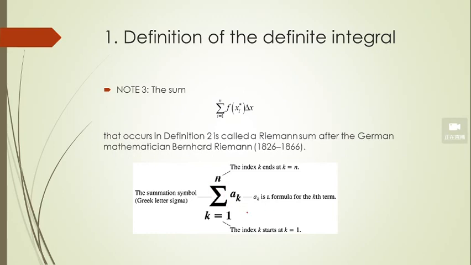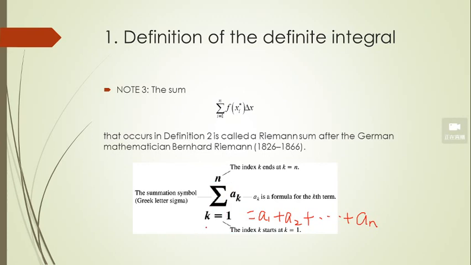Your k takes all the values from 1 to n: if n is 5, then k is 1, 2, 3, 4, 5. So that means a1 plus a2 plus a3 plus a4 plus a5, until the last term, an. That means you take the sum. That is the summation symbol, called the Greek letter sigma.